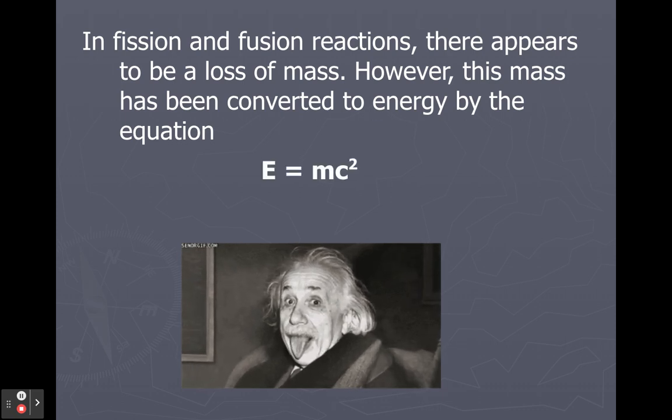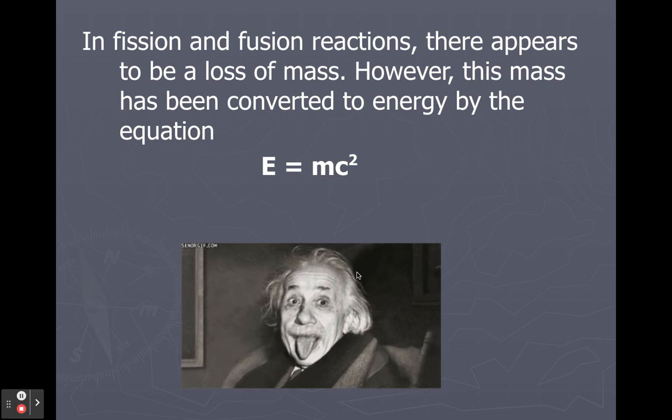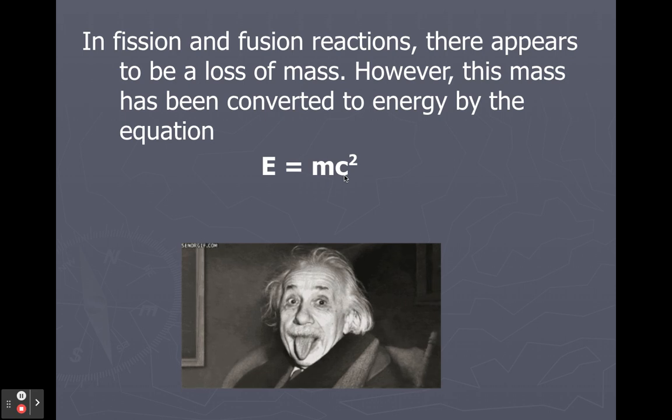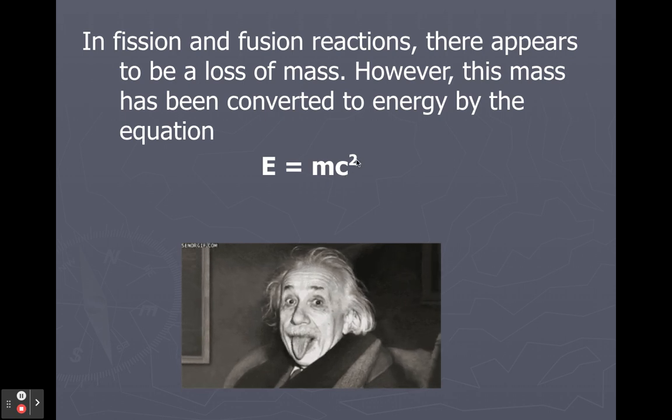And Einstein here came up with that equation, E, energy, equals mc squared. Mass times the speed of light squared. So a small amount of mass really gets multiplied greatly and creates a lot of energy, nuclear energy.